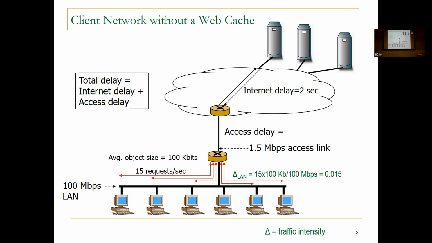Here you can see the delay because of the LAN is 0.015, and the delay because of this access link is 1. So the entire delay is 2 plus 1 plus 0.015. This is more than 3 seconds, which is considered a very significant time when doing business online. This is much delay, and we want to reduce this time.